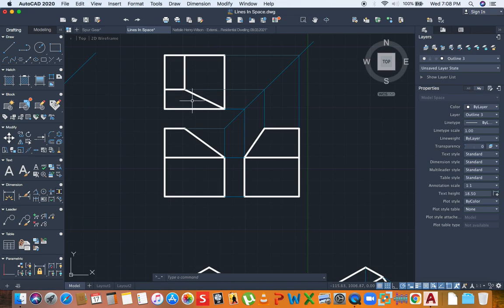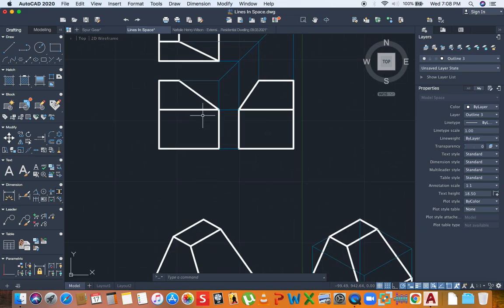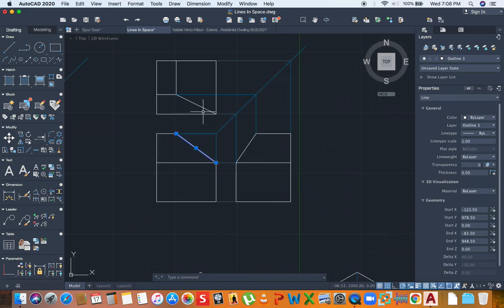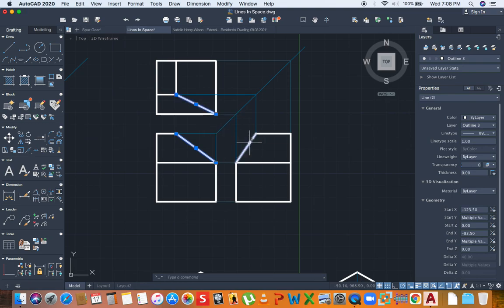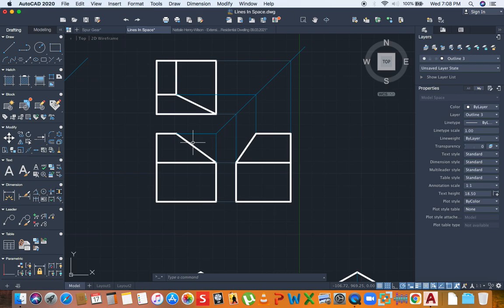And when you find an object that consists of a line that is as such, you will never see the true length of the line on either of the views, right? So this line is not the true length. This line is not the true length. This line is not the true length. So the true length now has to be calculated, right?